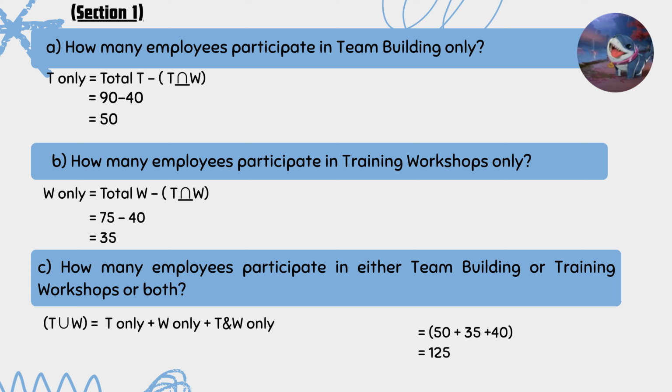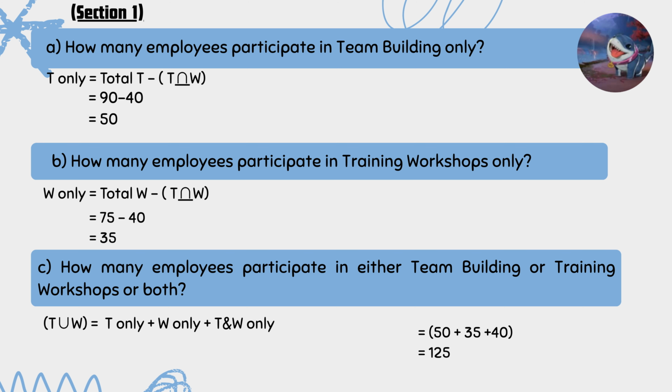Hi, my name is Muhammad Taufik Ikhwan. I want to explain section 1, question 2. A. How many employees participate in team building? Based on the information given, the total number who join team building is 90, but 40 of them also join the workshop.